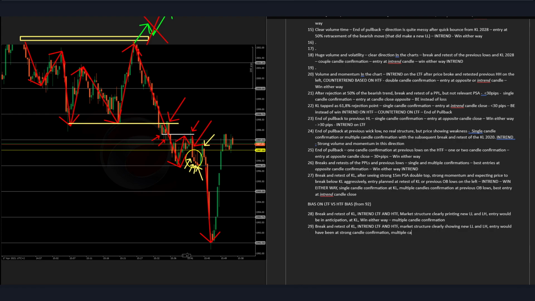Multiple candle confirmation, win either way, yada yada yada. Anything that I'm missing? Single, multiple, best entries. Okay, best entry would have been at the opposite candle, but this is not entry in trend.